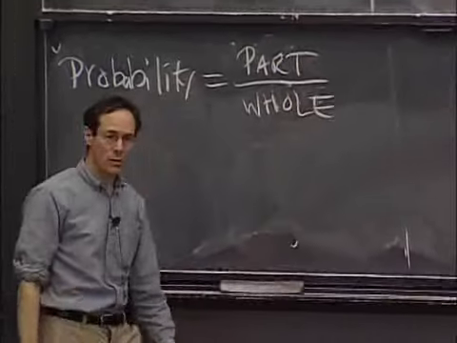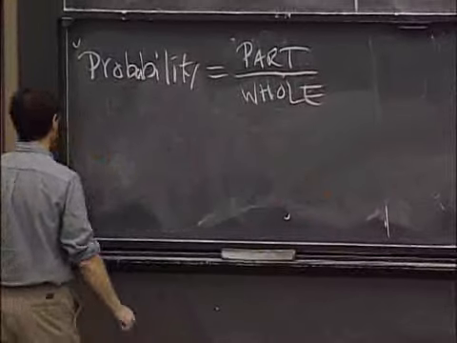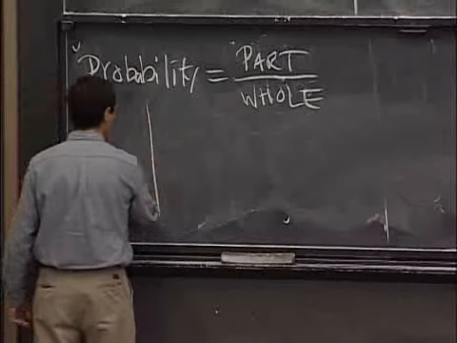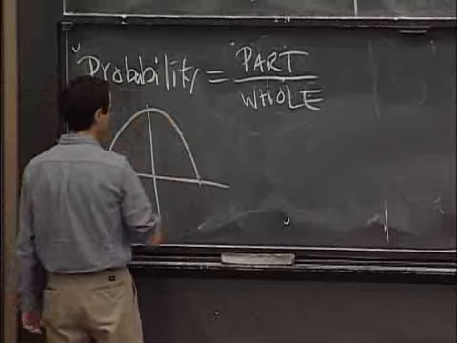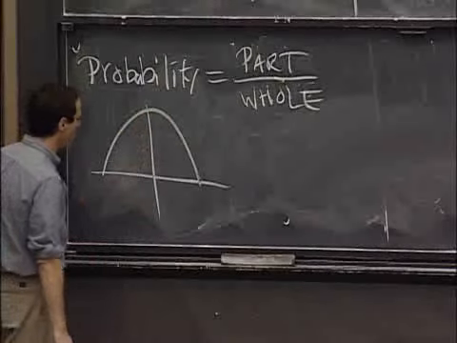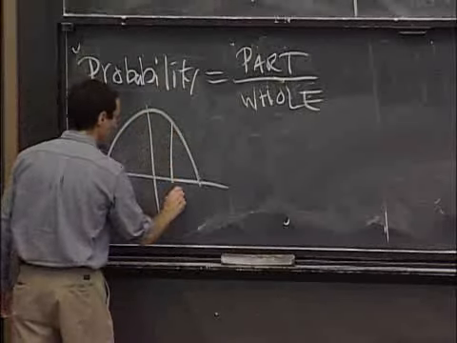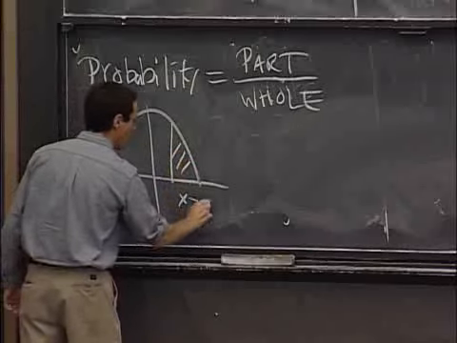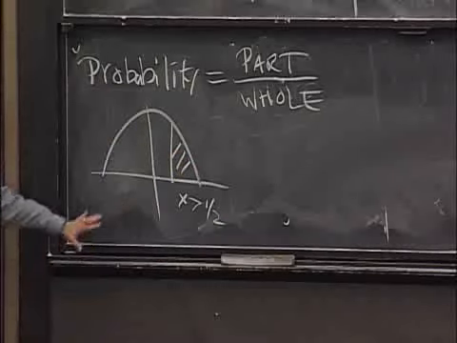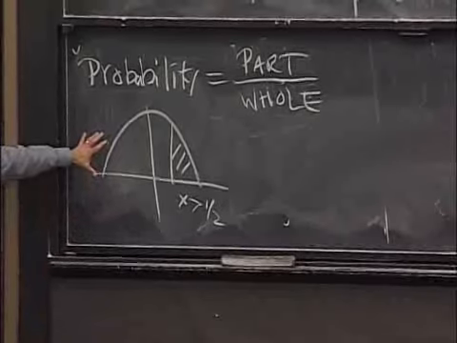It's a ratio, just like the one over there. Which is the part and which is the whole? Well, in this picture, the whole is the whole parabola, and the part is the section, x bigger than 1/2. And it's just the ratio of those two areas.